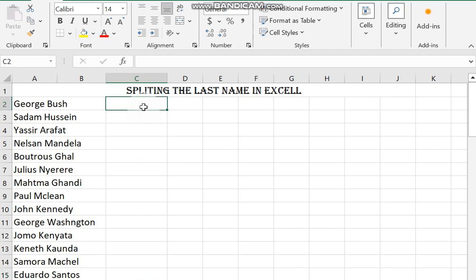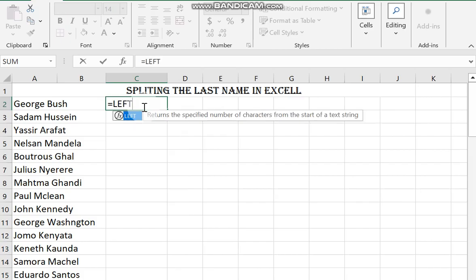The approach will be as follows. We start with the equal sign. Here, different from the first name, where we said left, because the surname, the last name, is at the most right part, we write right. This is the left part and this is the right part.